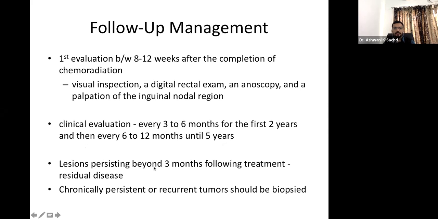If the disease is persisting beyond 3 months following the treatment, it is labeled as residual disease. Chronically persisting or recurrent tumors should be biopsied again for presence of tumor.